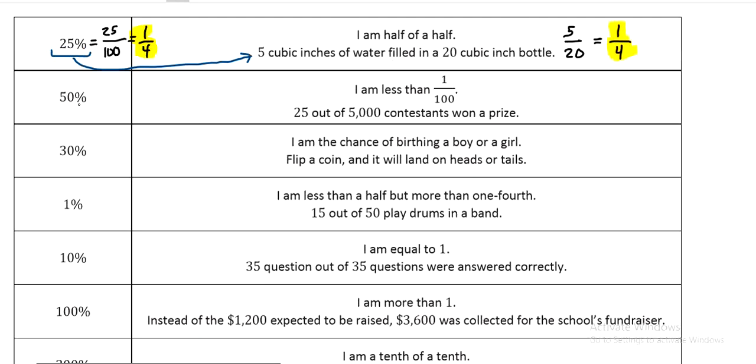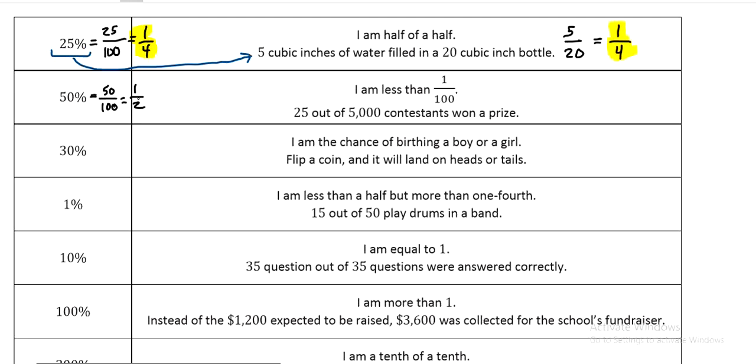All right, let's look at the second statement. 50%, or the second percentage, I should say. 50% is equal to 50 over 100, and that's equal to 1 over 2. So let's look for something that matches up with that. Here we go. It says, I am less than 1 over 100. Well, is 1 over 2 less than 1 over 100?